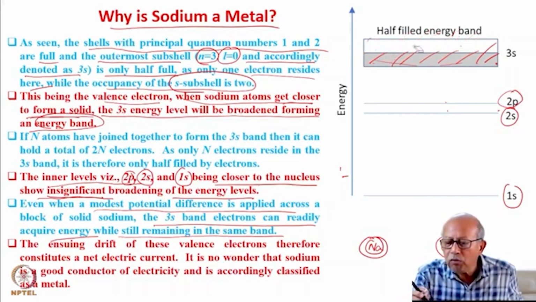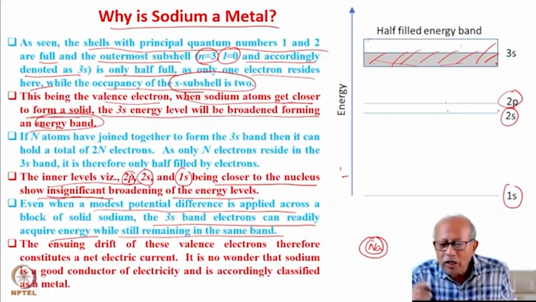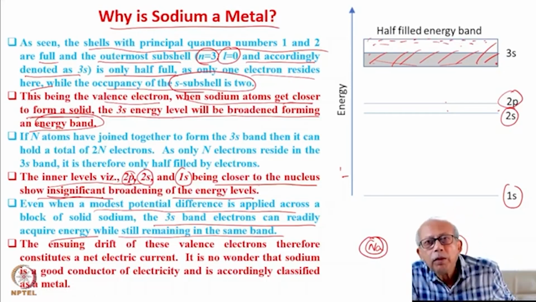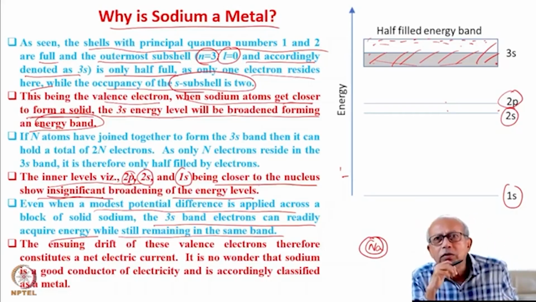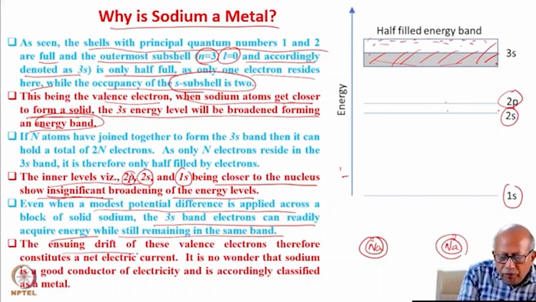It is only half full. Therefore, even with little energy, the electron can actually move around in the sodium block. If we just apply little potential difference, the ensuing drift of the valence electron therefore constitutes a net electric current.